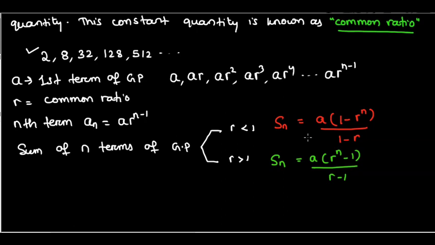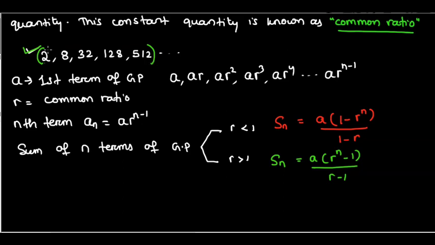But if the GP has infinite number of terms, for example, suppose look at this GP. Suppose I have the first term as 2 and the common ratio as 4, and suppose the GP contains only 5 terms. So it will end at 512.